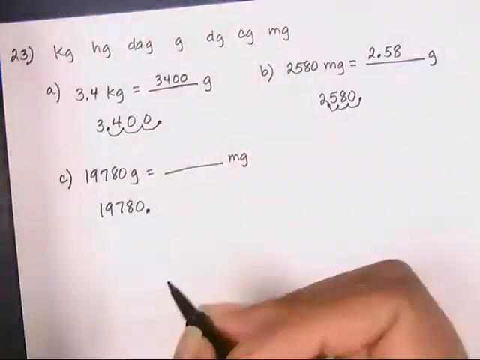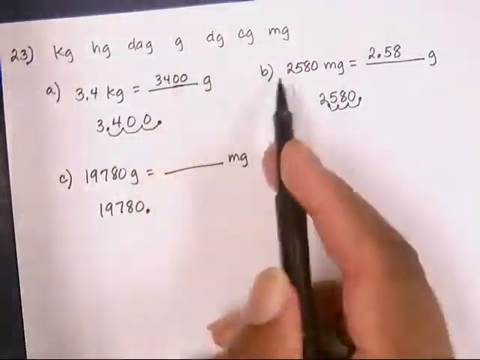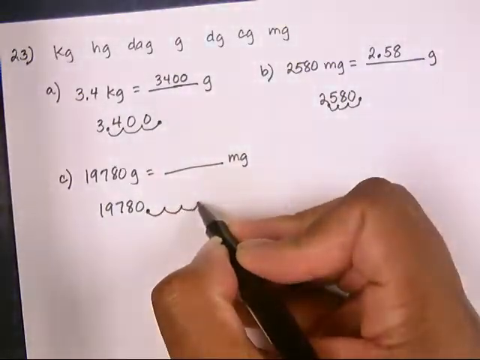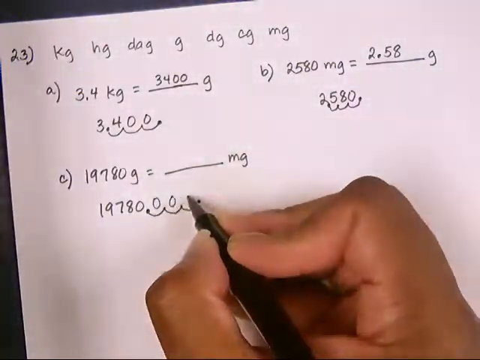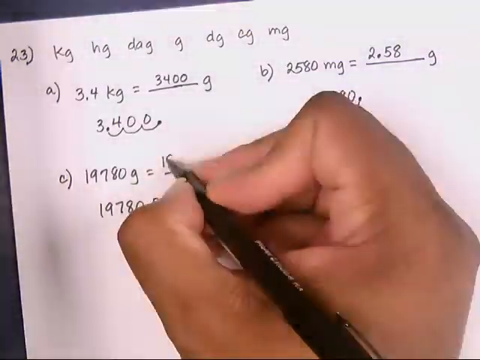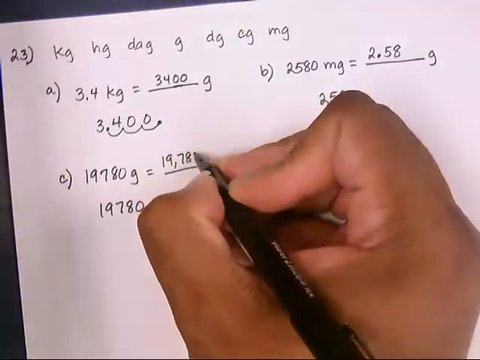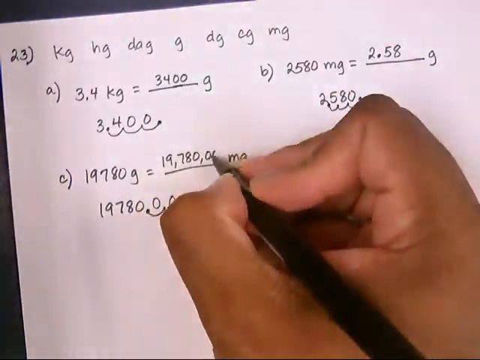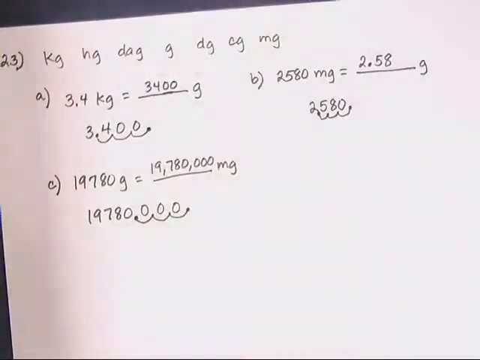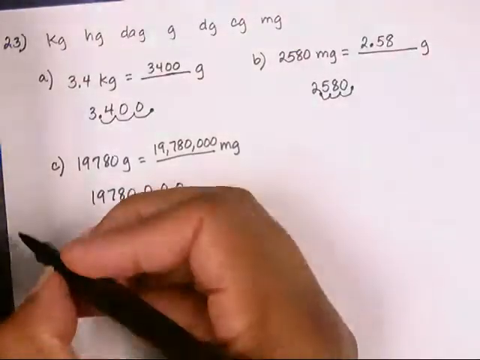And again, the decimal point is behind the very last digit, so we need to move 3 places to the right, like 1, 2, and 3. I need to add 3 zeros for that. So this would be 19,780,000 milligrams. Okay, so that's problem number 23.